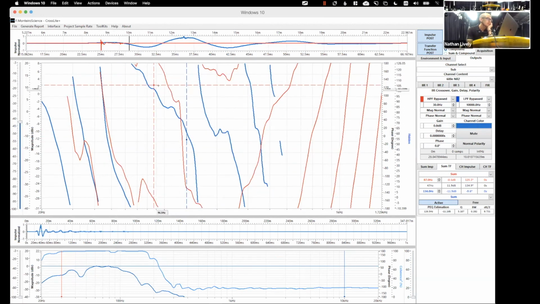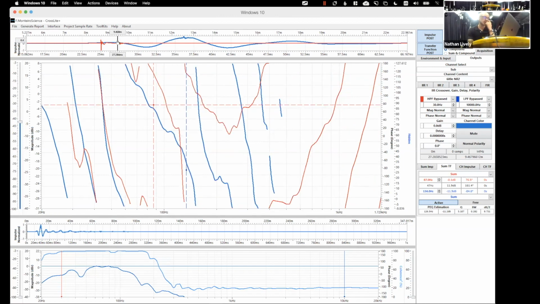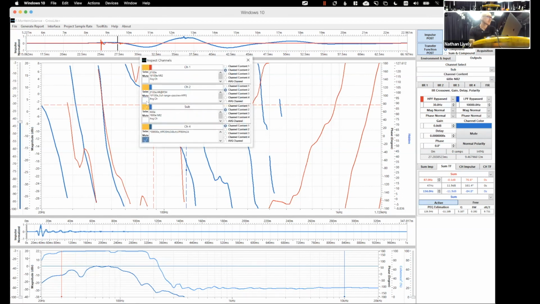Okay, so through this area, it's really hard to tell, right? And I think that's because of the coupling with the room. So I think this is one of those times where we're not going to be able to prove this with our audio analyzer. And so, we can look at this data that we have from SubAligner, inspect channels, unmute everything.